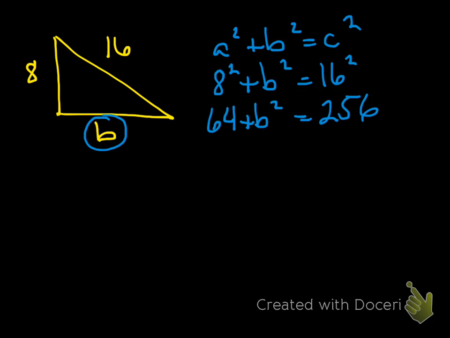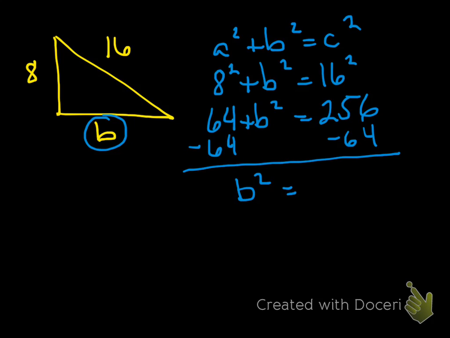So we're solving equations, so we're going to subtract 64 here, subtract 64 here, and I'm okay with you skipping a couple steps here, but you do need to show me your thought process. So B squared is equal to 192. Remember we want to get rid of that square, so we're going to take the square root of B squared and the square root of 192.